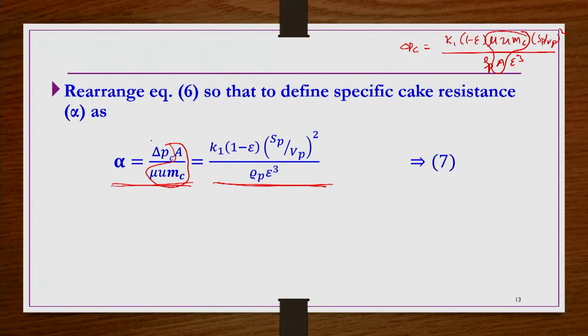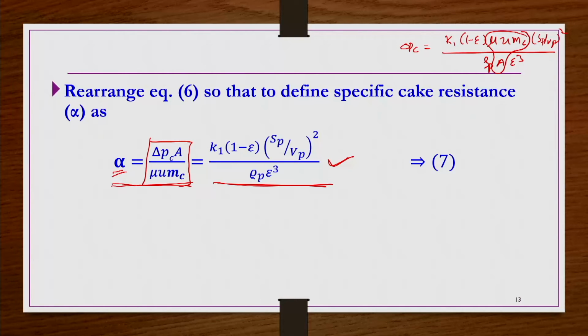Whatever this delta Pc A divided by mu u mc is, that is nothing but the cake resistance in terms of the particle properties and voidage. If you want to write it, this is nothing but K1 (1 minus epsilon) (Sp by Vp) whole square divided by rho p epsilon cube.